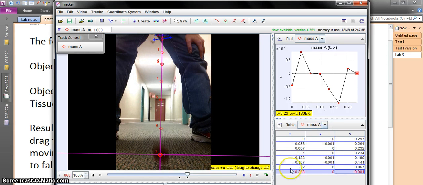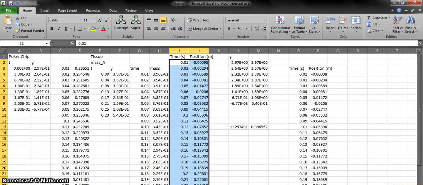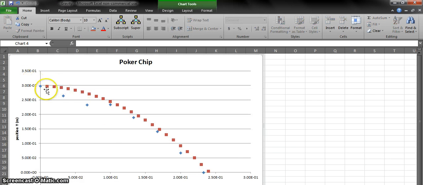And then using this data over here, I was able to import it into an Excel file for gravity and come up with the experimental data for the poker chip, which is represented by the blue dots here.